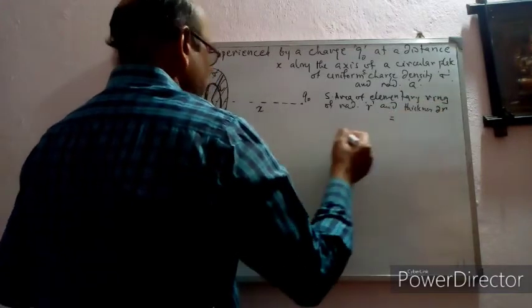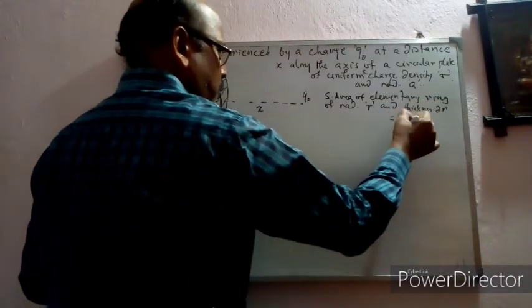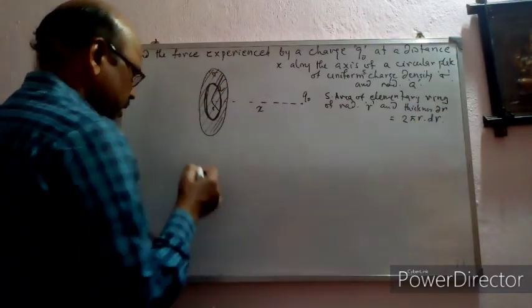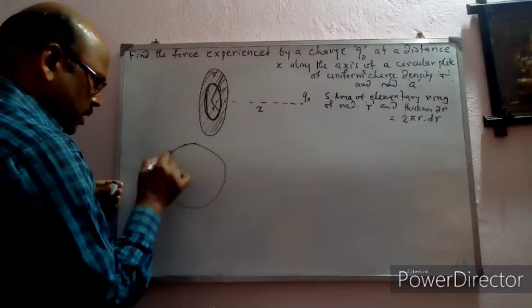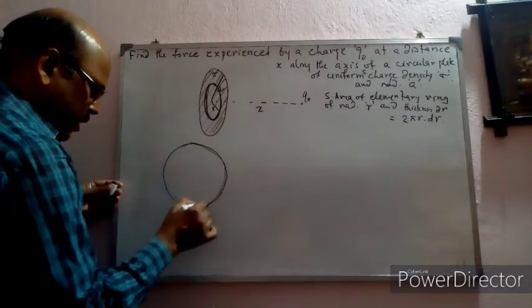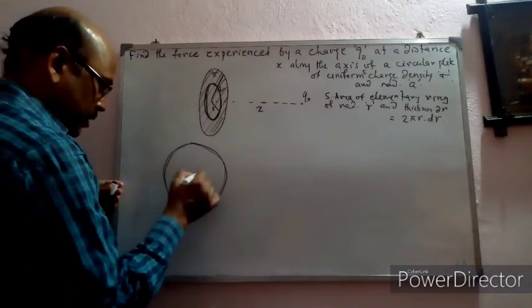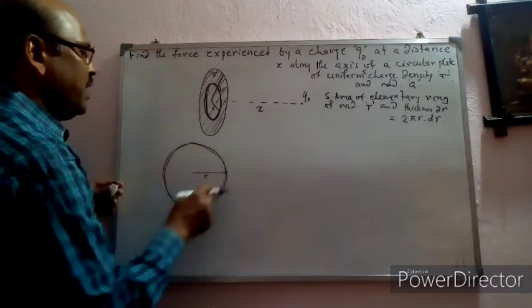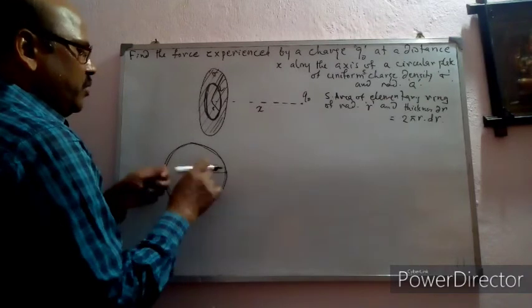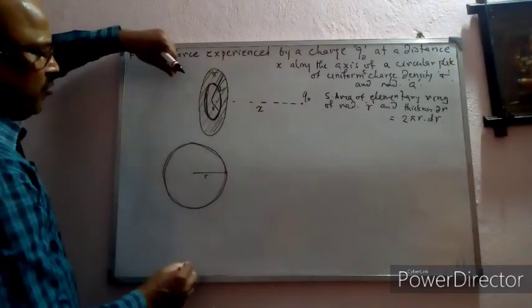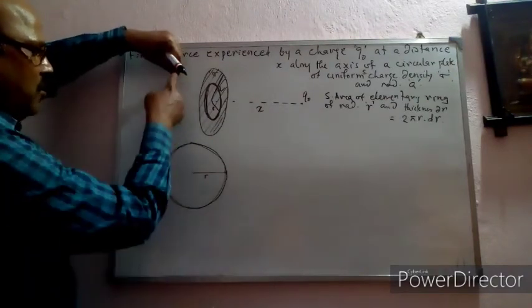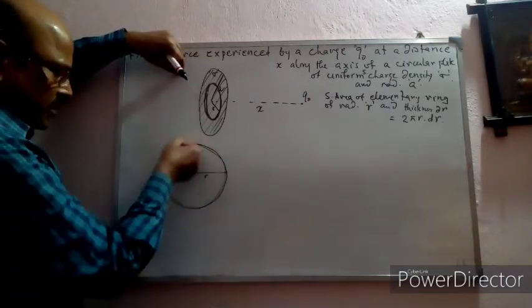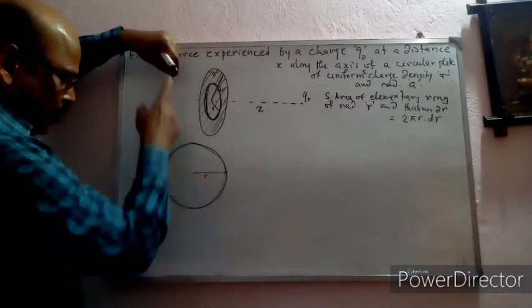That is equal to 2 pi r into dr. What is the area of this ring? Its radius is r, and this thickness is dr. If I cut the ring and spread it, it will be in the form of a rectangular strip of length equal to 2 pi r and thickness equal to dr. So its area will be length into breadth, 2 pi r into dr.